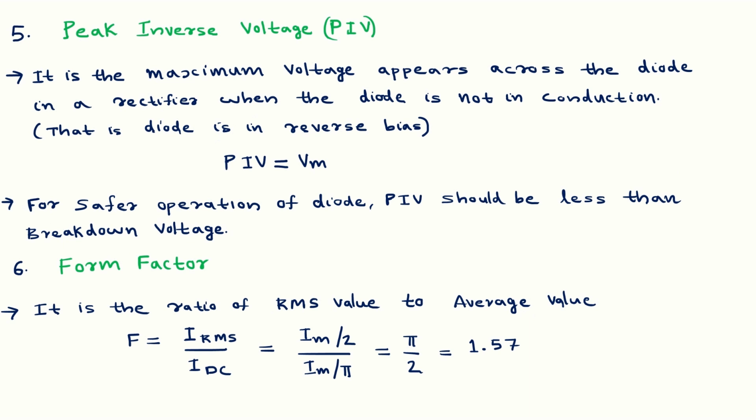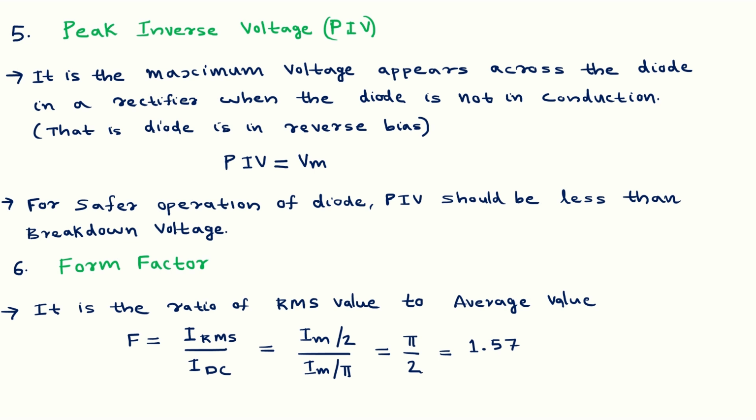Next parameter is peak inverse voltage. In abbreviation it is known as PIV. It is defined as the maximum voltage that appears across the diode in a rectifier when the diode is not in conduction. So again, recollect the working of a half-wave rectifier.